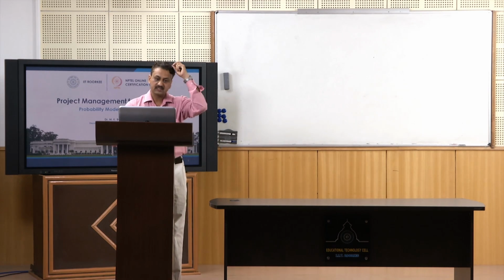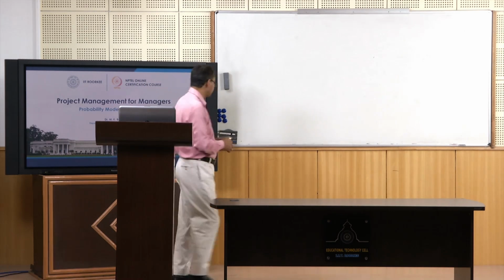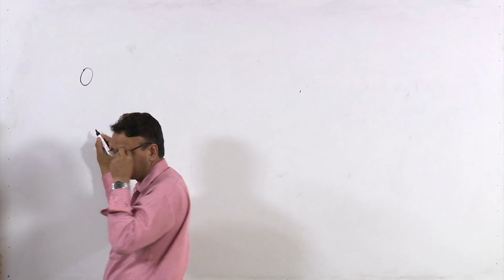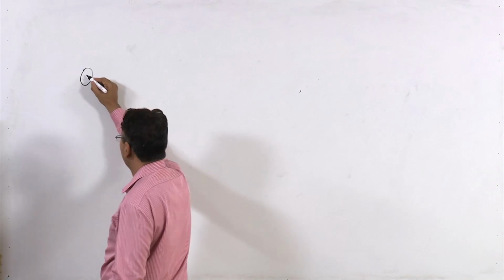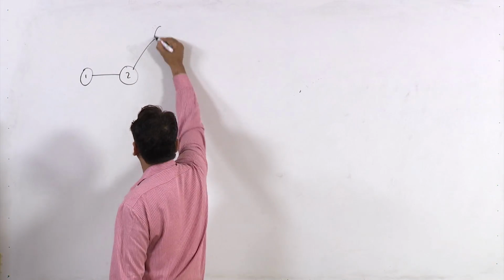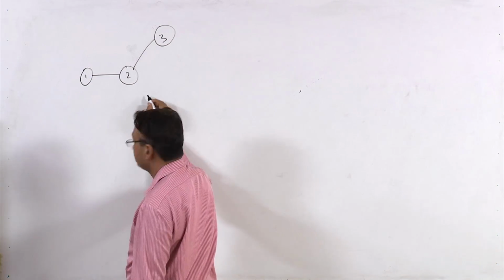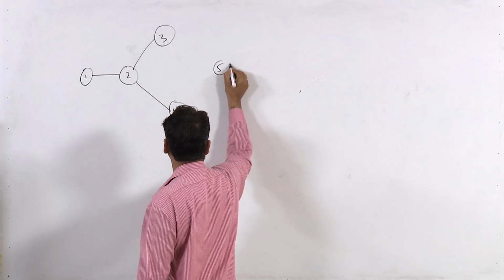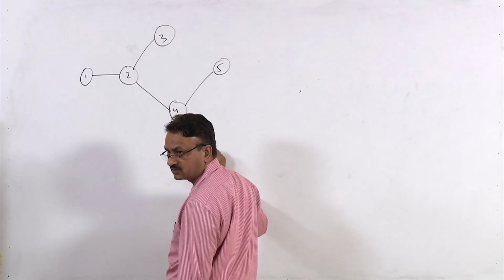So let me draw this network. You have got 1, 2, 3, 4 and 5. These are 5 nodes.